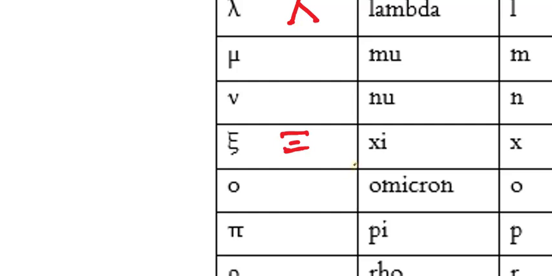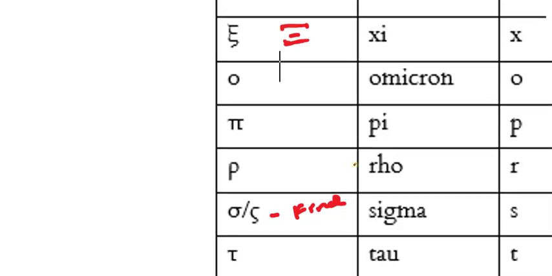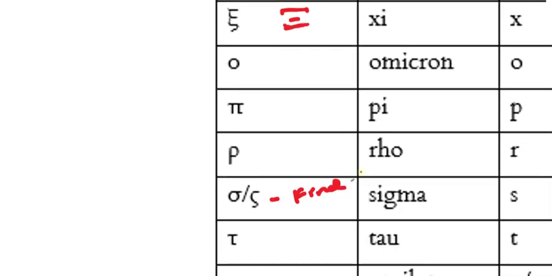The sigma. So we've got our non-final sigma, final sigma, the capital sigma. It'll look like that. And you've probably seen that in some of your math and science stuff. And then the upsilon.